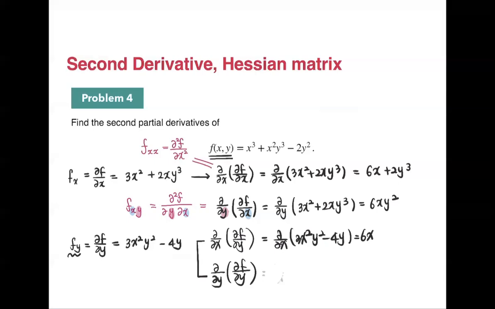Okay, so this is for the dy, and you get 3x squared y squared minus 4y, so you have 6x squared y minus 4. Yes, this is the calculation for the second derivative. Okay, so we calculate all the second derivatives here.